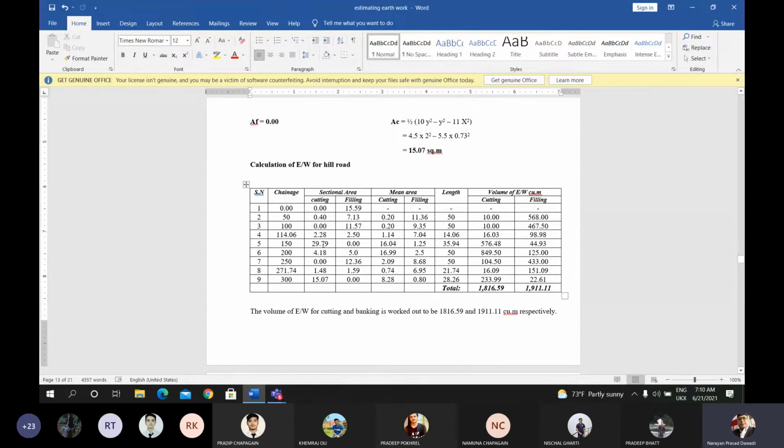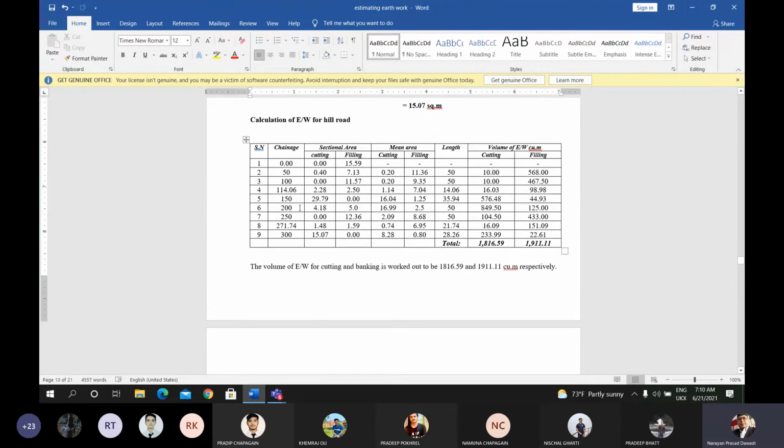Because this is fully case of cutting, area filling will be 0. Okay, for 200 meter, this is also the partial case, having the cutting area of 4.18 square meter, and the filling area of 5 square meter.